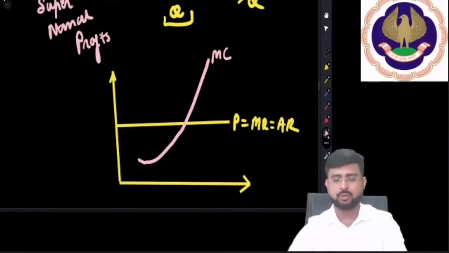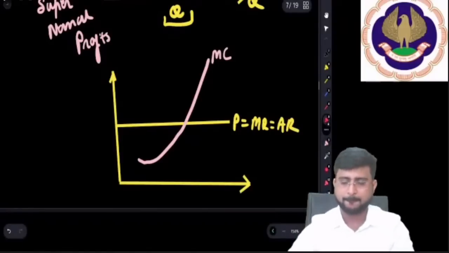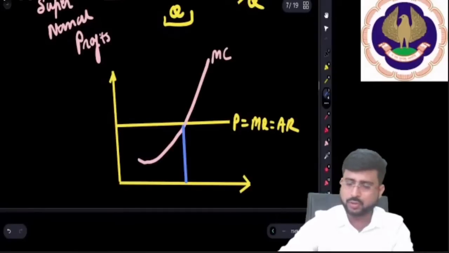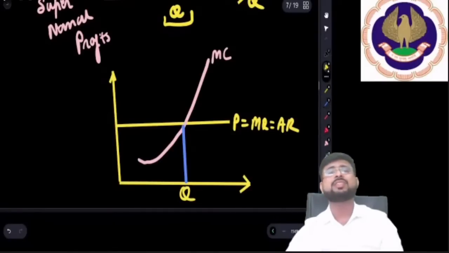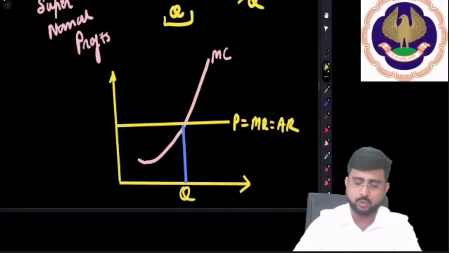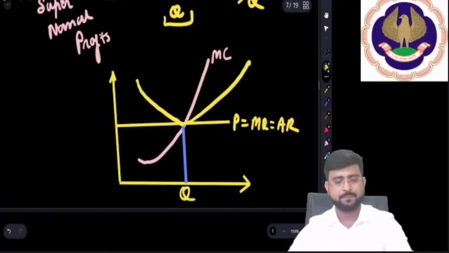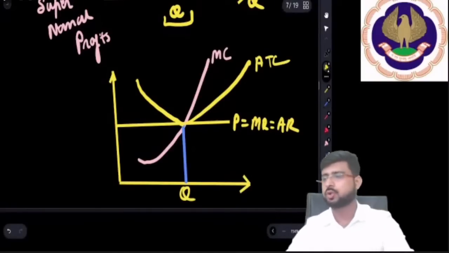After this, one MCQ question will be asked to you all. So this is the equilibrium level, and this is the quantity level. Now MC equals MR. So here it is, the average total cost.